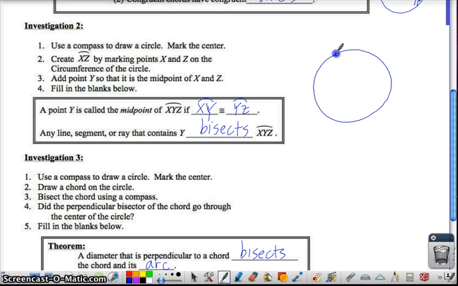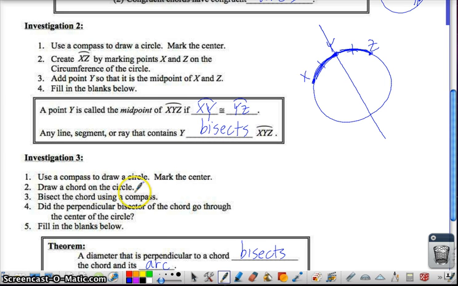If we have an X, a Y, and a Z, point Y is the midpoint if arc XY is congruent to arc YZ. We know those marks from segments. So therefore, any line, segment, or ray that contains Y bisects arc XYZ. So if I have a line that goes through, that means it's going to bisect arc XYZ.